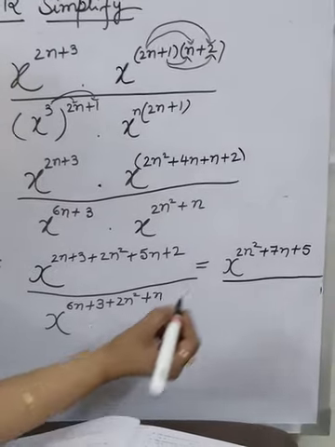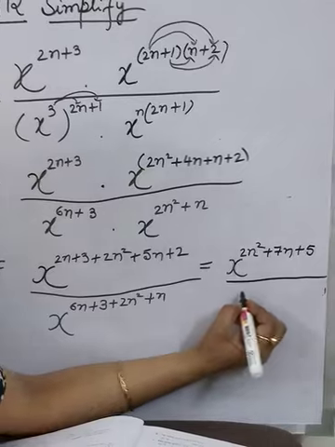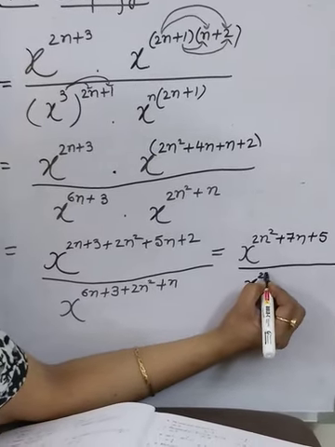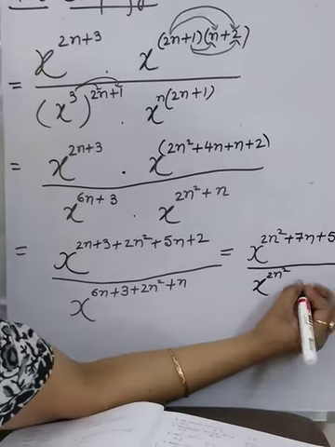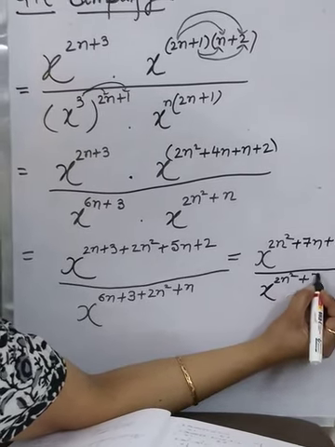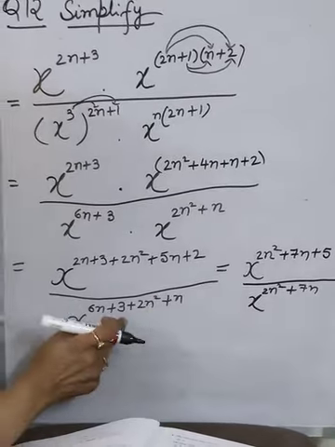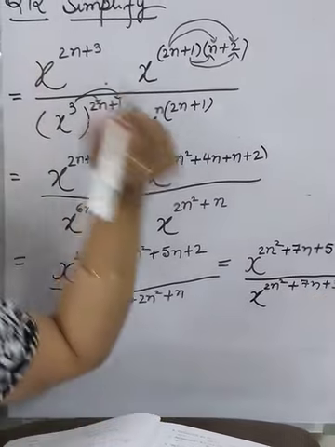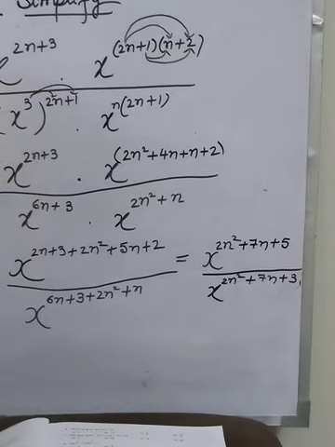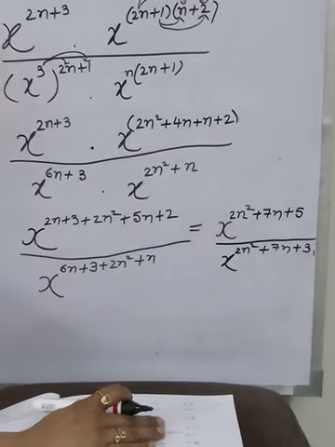What will we get in the denominator? Firstly, x to the power 2n square, 6n plus 1n, 7n, and 3 plus 3 only. Now we have simplified the numerator as well as the denominator.